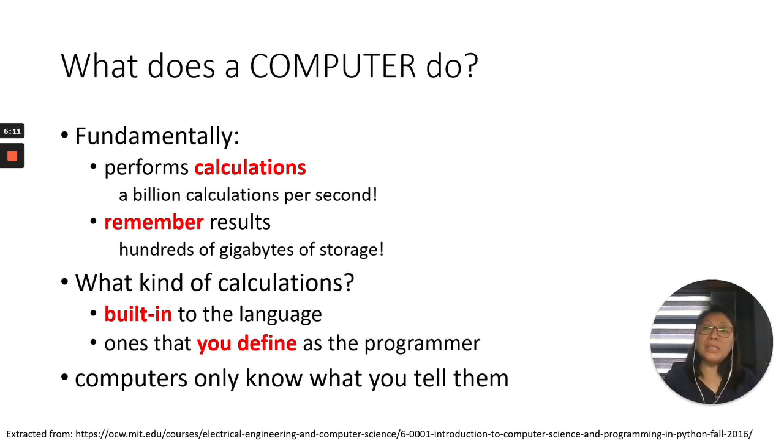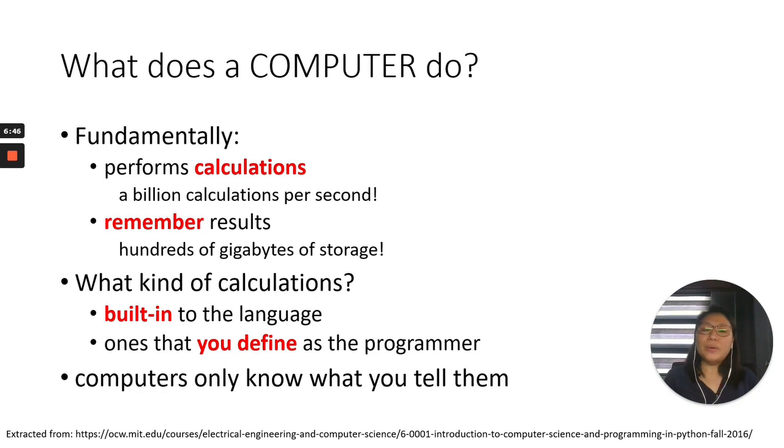So the intelligence it forms are from the knowledge that we give the computer. So that's how computer works. It won't do anything that we, the programmers, won't give them or won't instruct them. So that's how, let's say, stupid they are.